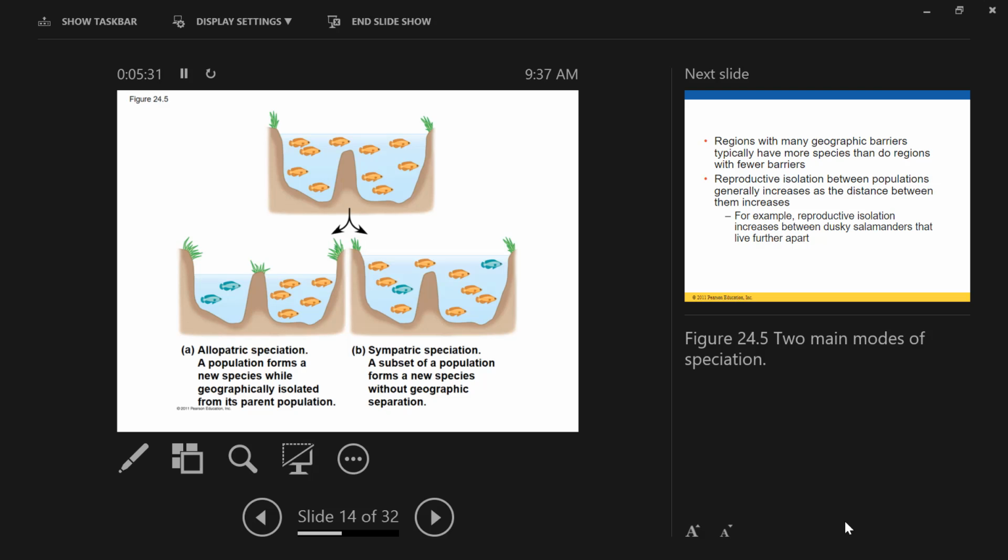Now, which of these do you think is more common? Raise your hand if you think it's A, allopatric speciation. The reality is we see speciation happen. We can measure microevolution, and we even see speciation events, so we can actually determine which of these is more common.